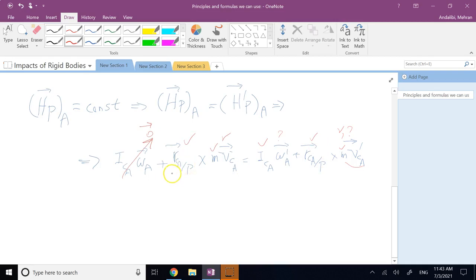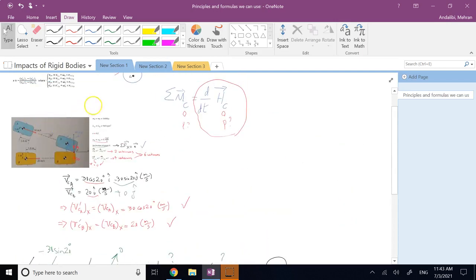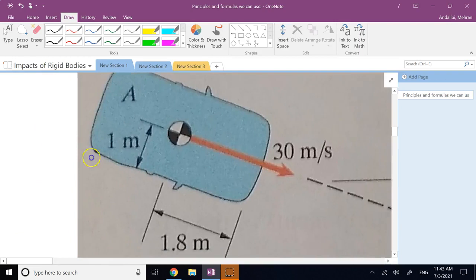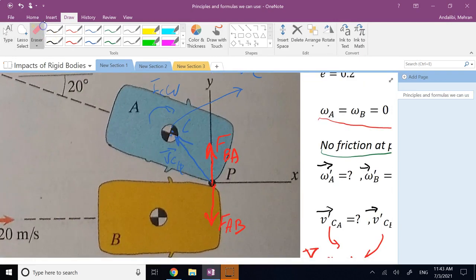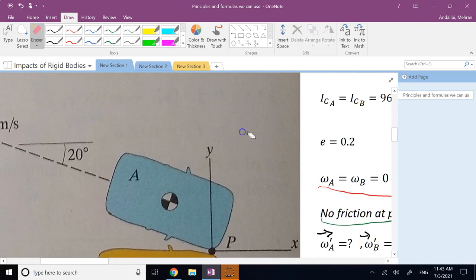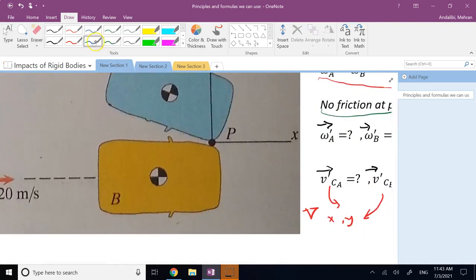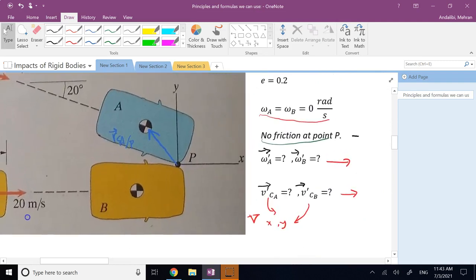So what we need is first this vector r of CA with respect to P, which, as I said, is this vector here. Let me clean up and get that vector together. This is r of CA with respect to P. How can I write it?